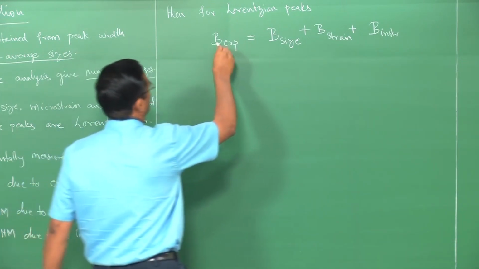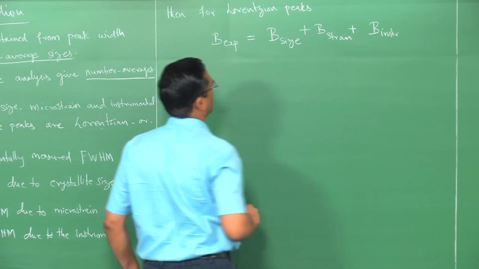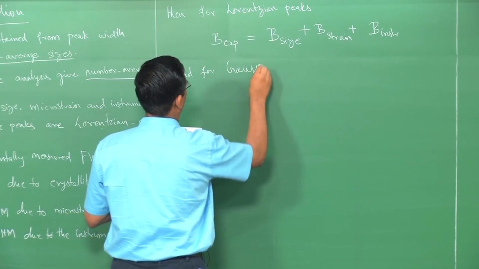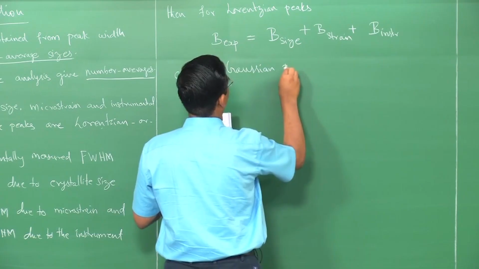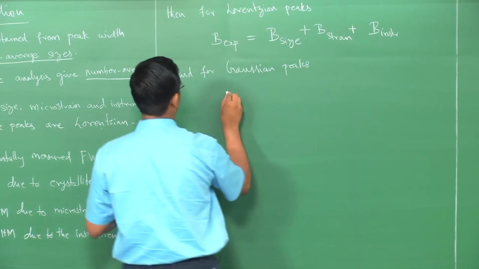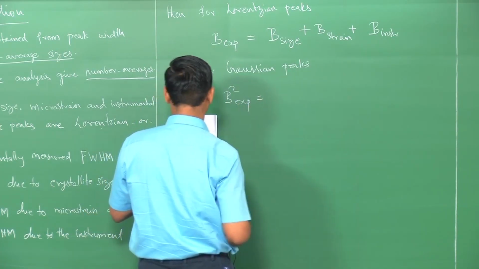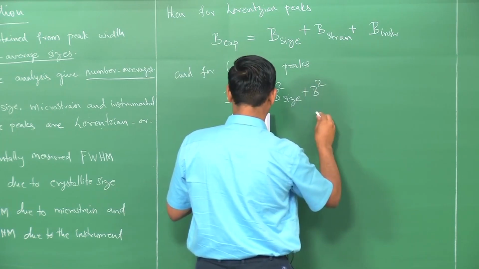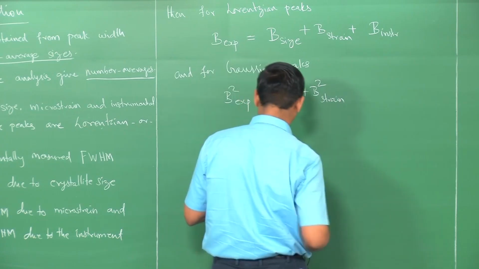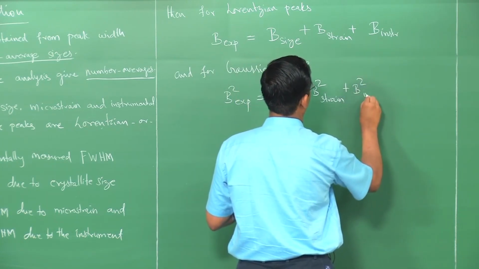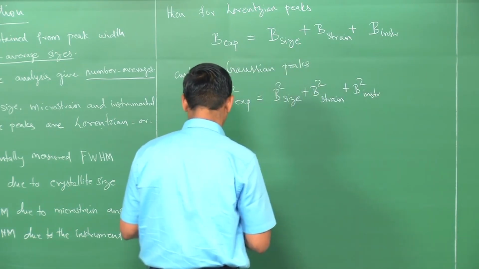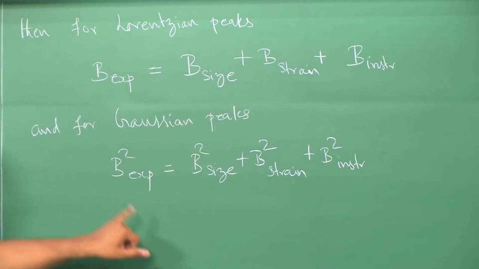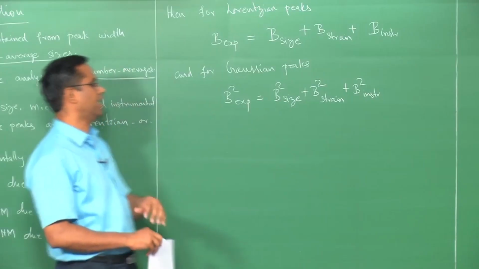for Lorentzian peaks, B experiment equals B size plus B strain plus B instrument, and for Gaussian peaks it is a square of these terms, that is, B experiment squared equals B size squared plus B strain squared plus B instrument squared.